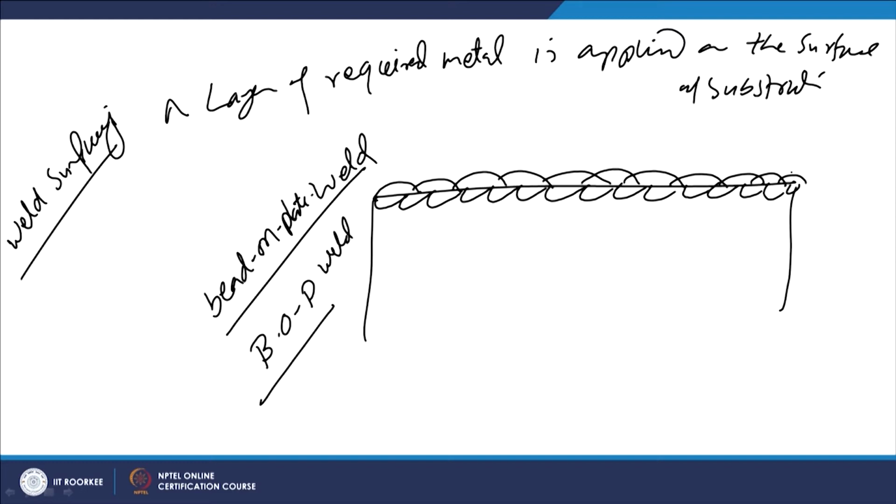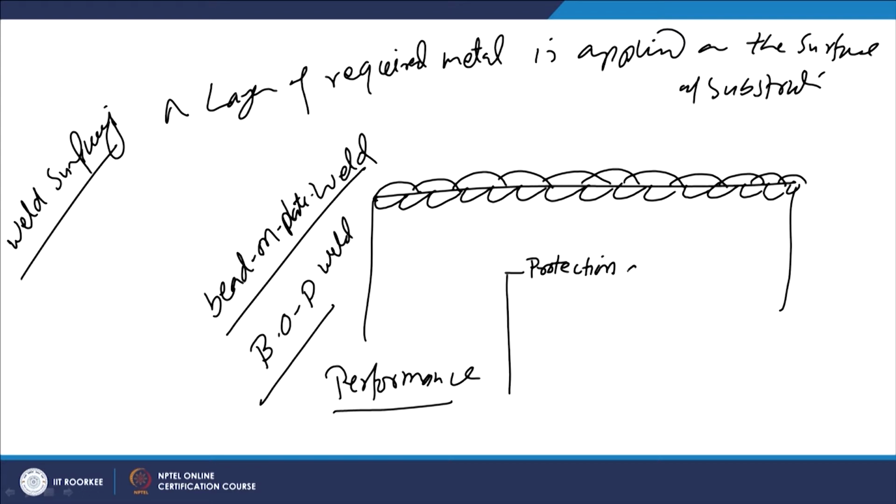However, the mechanical and tribological performance of such a layer being applied onto the surface of the substrate is influenced by various factors. Like, how effectively we are able to protect the metal while the bead-on-plate weld is being developed.